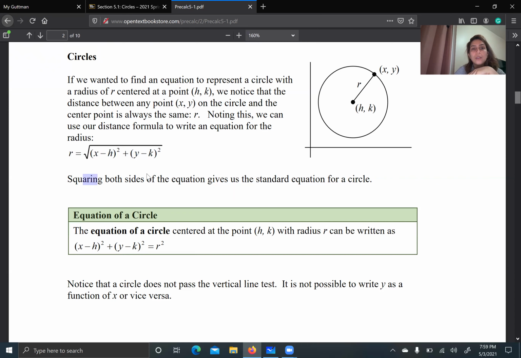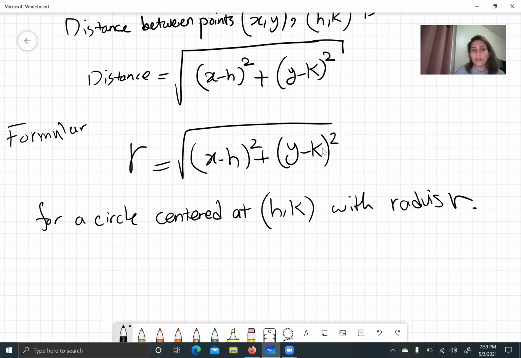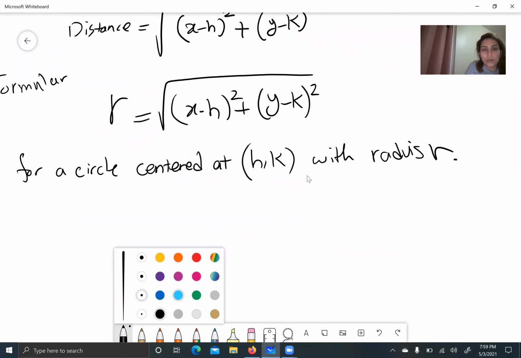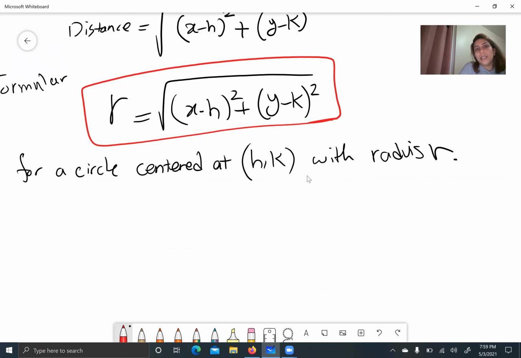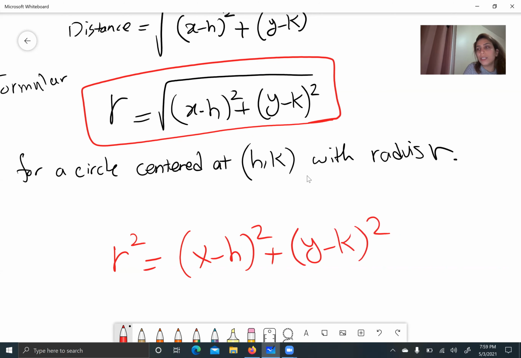Now you can also express it by squaring both sides. So let me show you that. You can either use this version of the formula, or if you prefer not to have a square root, then square both sides. R squared is going to be R squared, and when you square the left side, you get rid of the square root. So it's the same thing. It depends on which version you prefer to use.